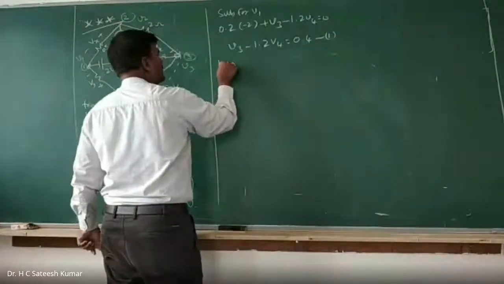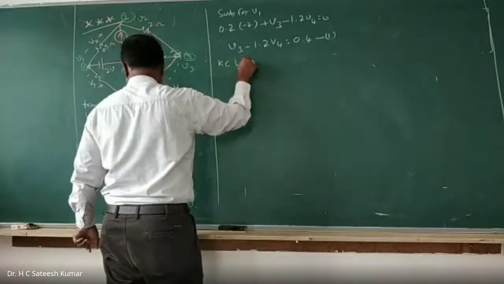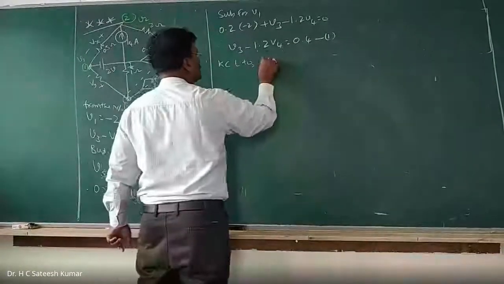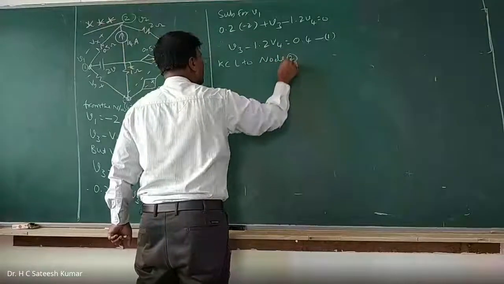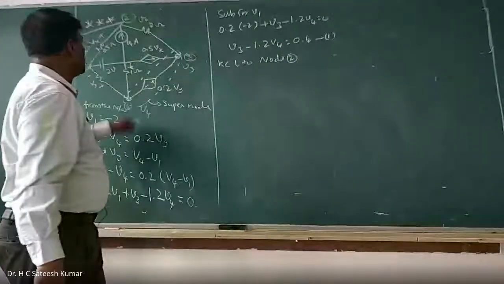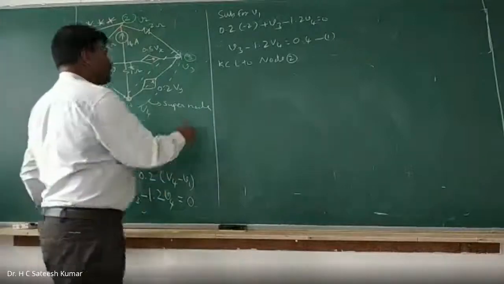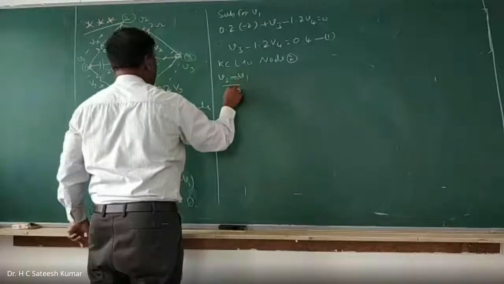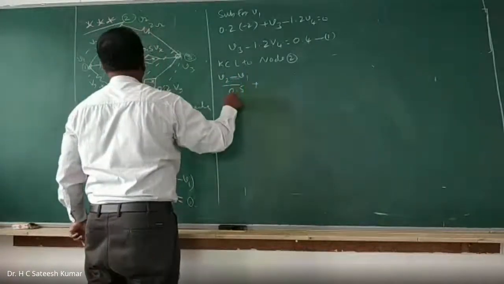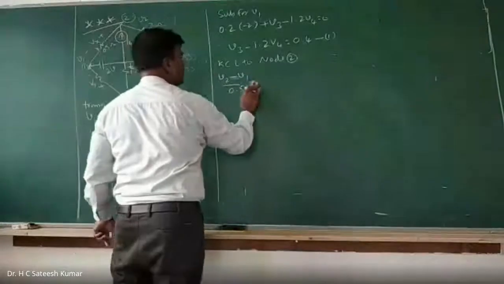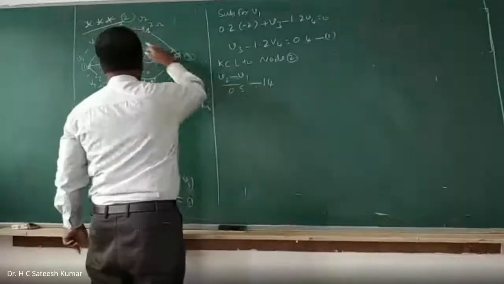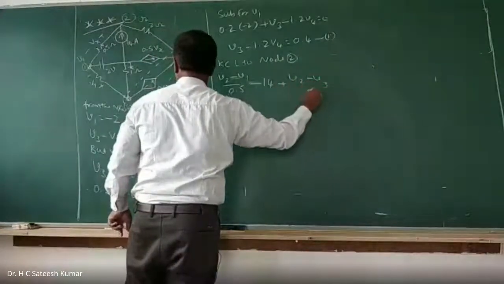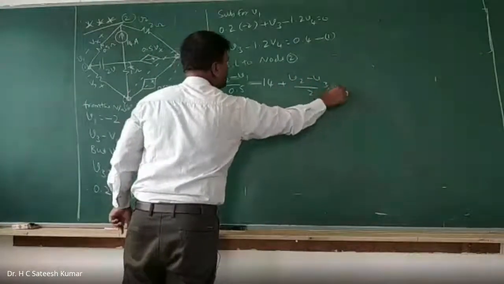Now, KCL to node 2. If you apply the KCL, V2 minus V1 divided by 0.5 plus, current is entering, therefore, minus 14 plus V2 minus V3 divided by 2 is equal to 0.